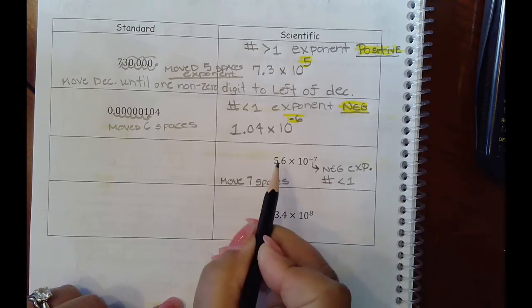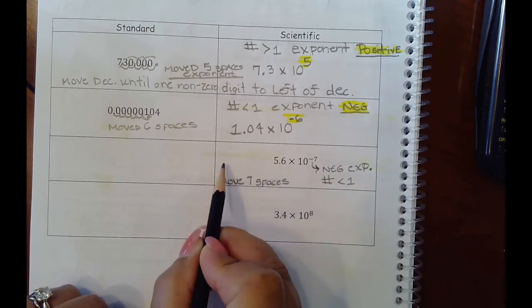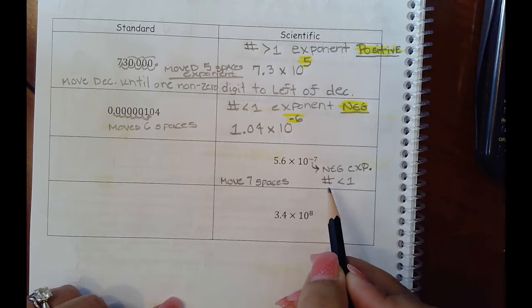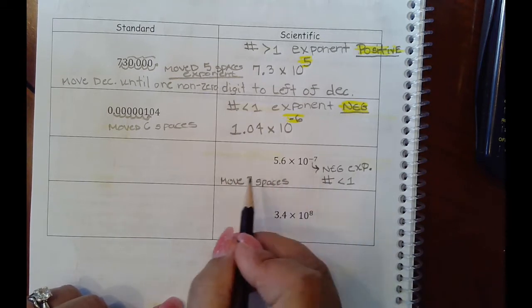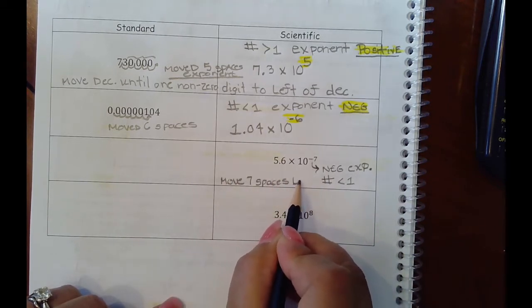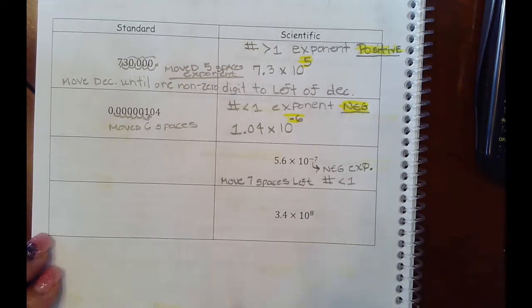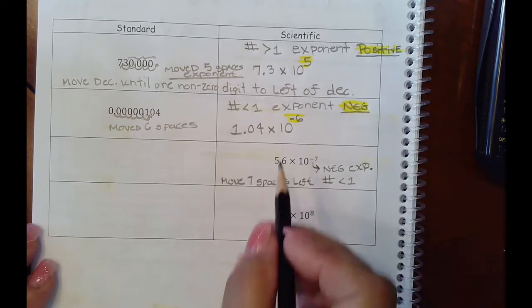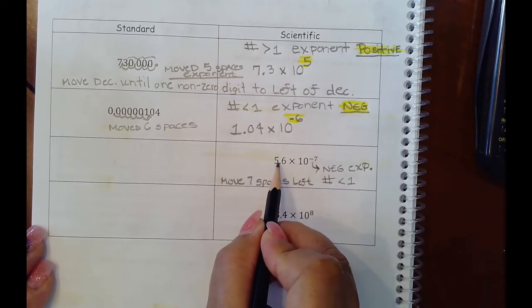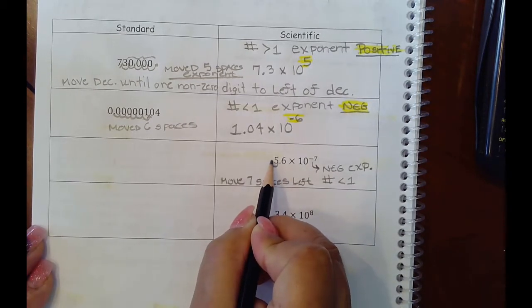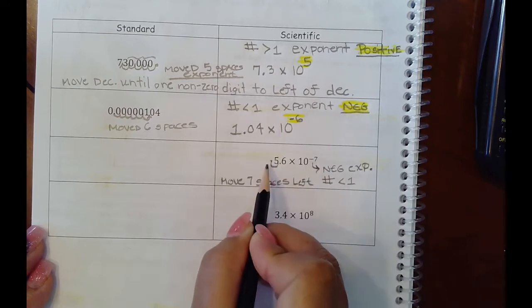And the only way this number is going to get smaller and smaller, ending up to be a number that's less than 1, is if you move to the left. Move that decimal to the left. So I'm going to move once around the 5, and I got to move a total of 7 spaces.